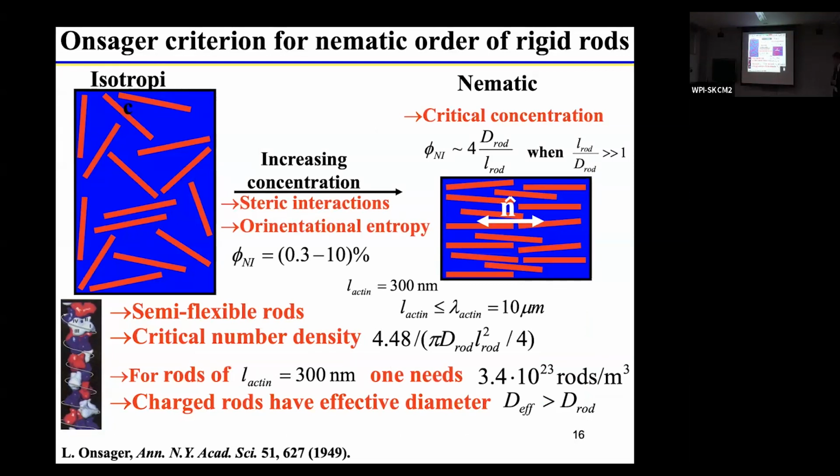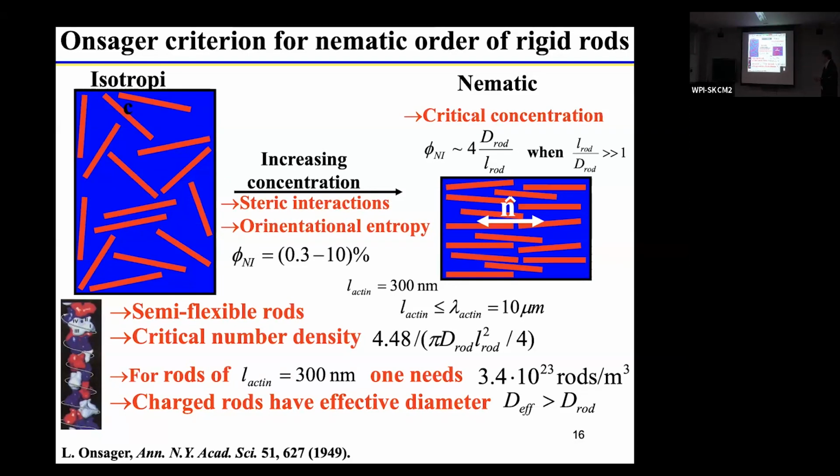This theory predicts that for particles with large aspect ratio, on the order of 100 or larger, the transition from isotropic to nematic state would happen at a concentration that corresponds to 4 times the diameter over length, or the aspect ratio of these particles. This can be very easily calculated for many different biologically derived or synthetic nanoparticles, and it was found to work quite well.